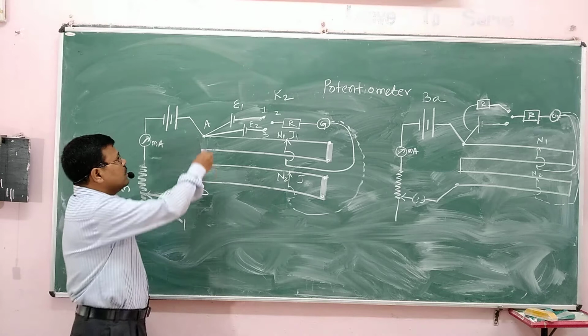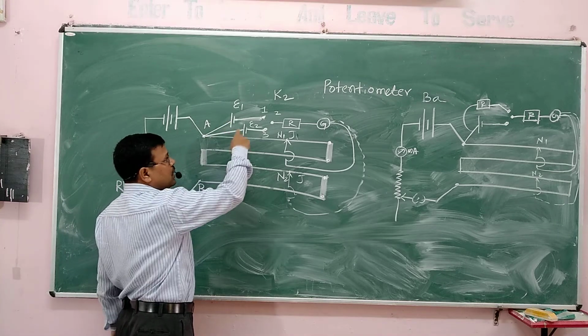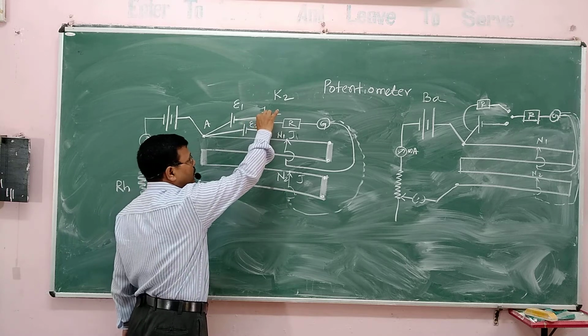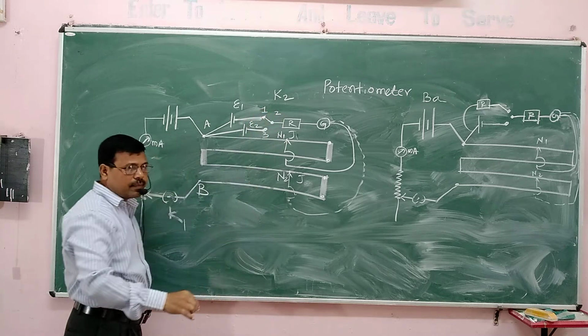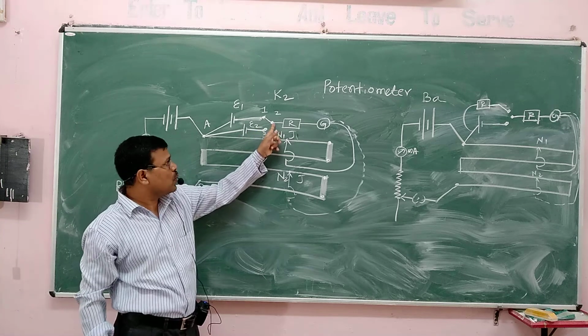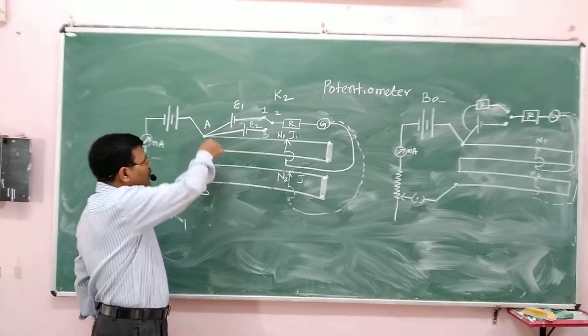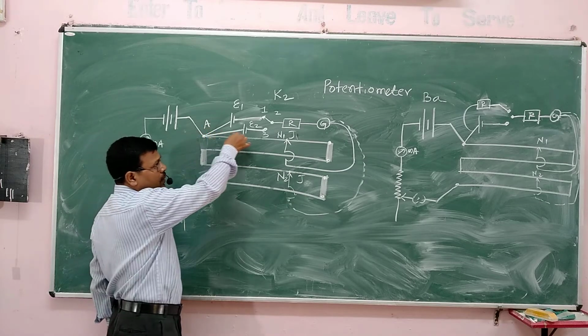First, we need to connect any one of the cells, say cell 1. K1 is closed, K2 is closed between the points 1 and 2. Then move the jockey over the wire.